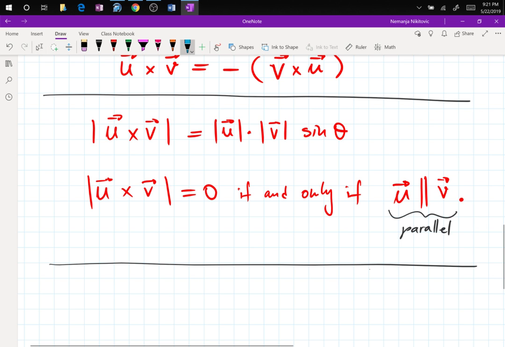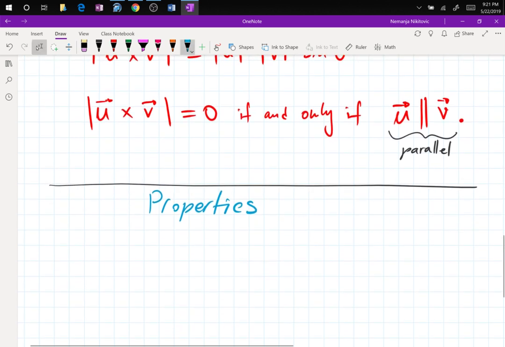Let's put the properties. Property number 1, I already have that one. u cross v is negative v cross u.